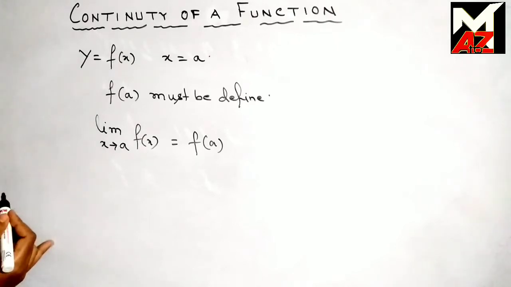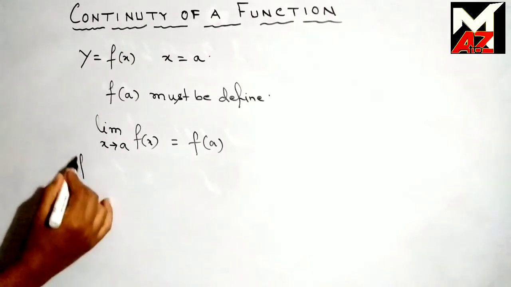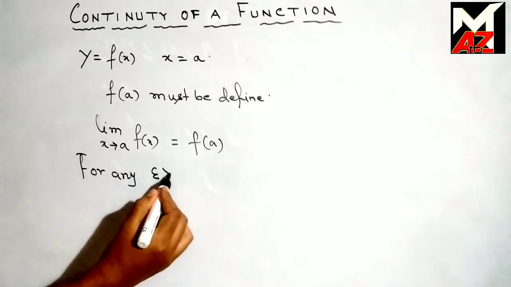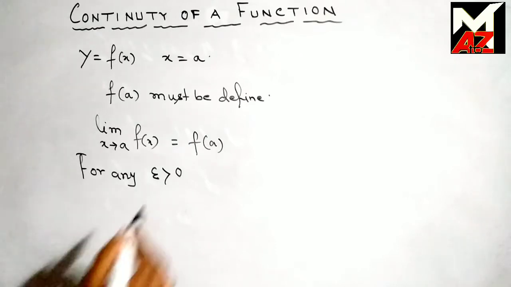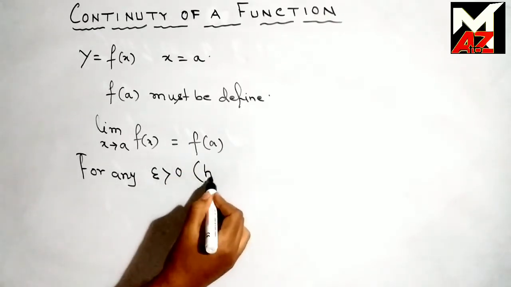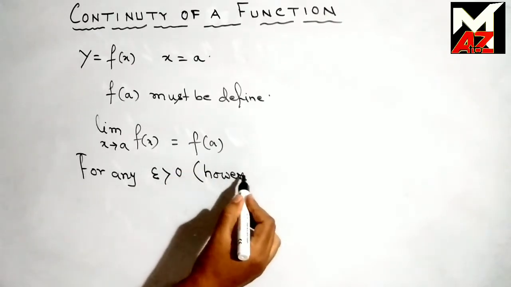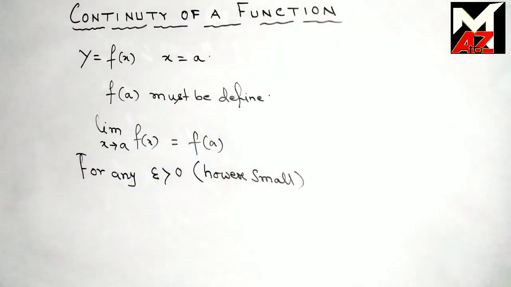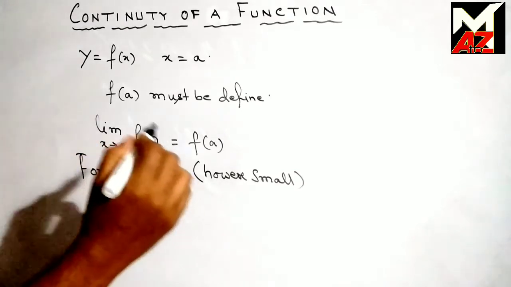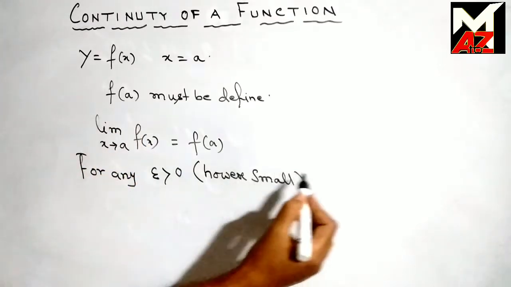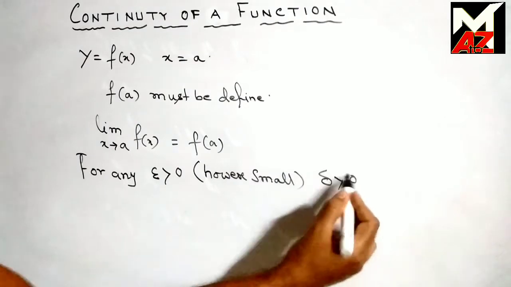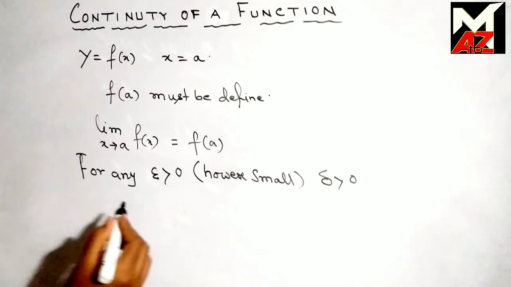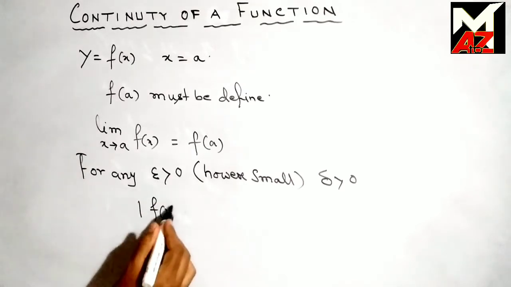any positive epsilon greater than 0, no matter however small, if we find another positive delta greater than 0 such that mod of f x minus f a less than epsilon.